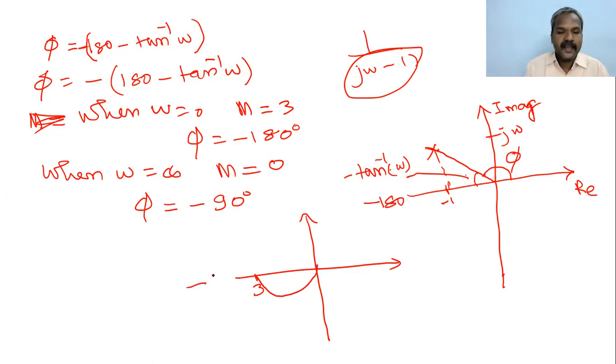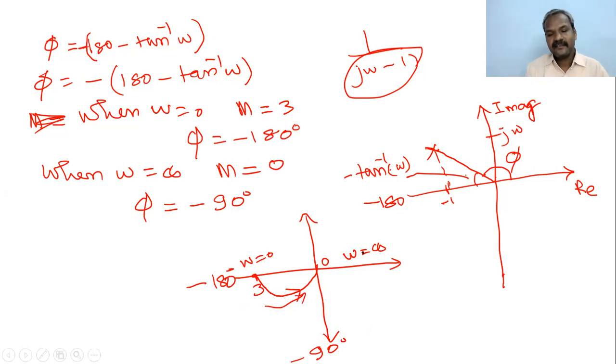This is minus 180 and this is minus 90. Understand or not? So the polar plot is from 3 to 0. This is 0, magnitude 0 when omega is infinity. Here omega is 0, magnitude is 3. So this is increasing omega. Understand? This is the polar plot.